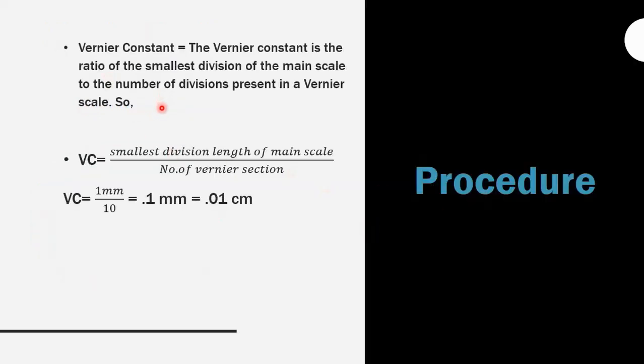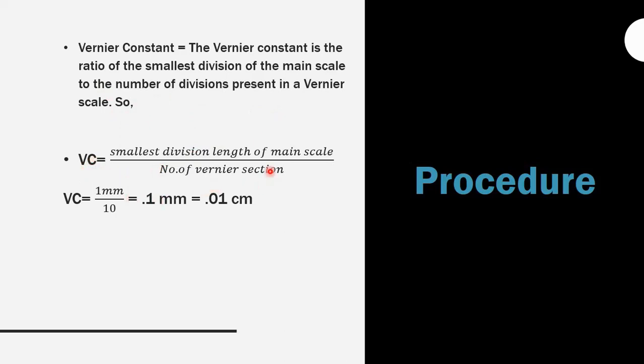I will describe what the vernier constant is. The vernier constant is the ratio of the smallest division of the main scale to the number of divisions present in the vernier scale. So VC means the smallest division length of the main scale.